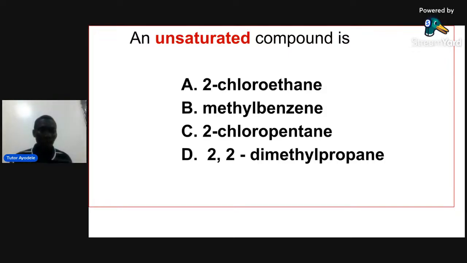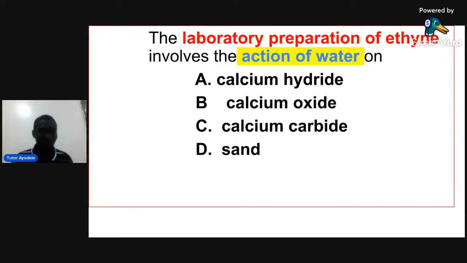The laboratory preparation of ethyne involves the action of water on... Now, we can prepare this ethyne in the laboratory with calcium carbide. If you dissolve this calcium carbide in water, the calcium will leave, and hydrogen and carbon will come together.